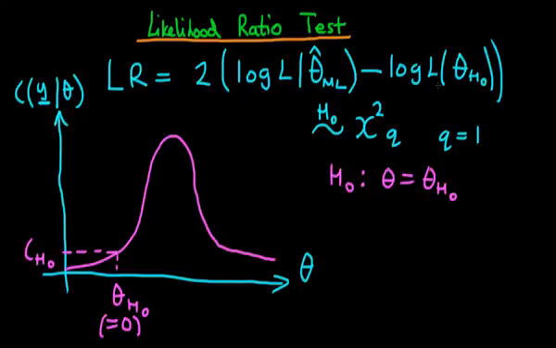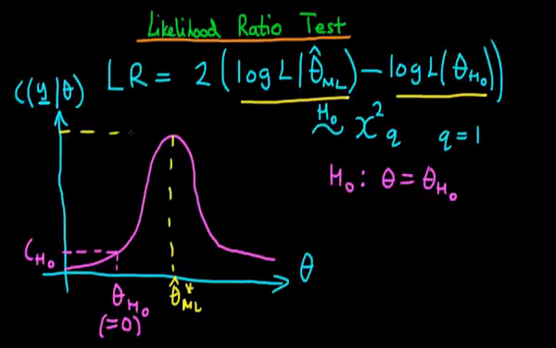The idea is that we compare this value of log likelihood with the value of log likelihood which would be obtained if we took the maximum likelihood estimate values. So we have a maximum likelihood estimate for the parameter, given by theta hat maximum likelihood with a star here, and this corresponds to a certain value of log likelihood, which is the log likelihood essentially under the alternative hypothesis being true.